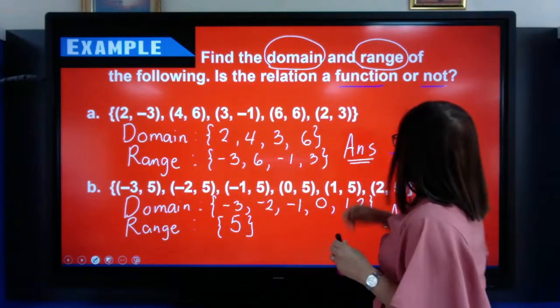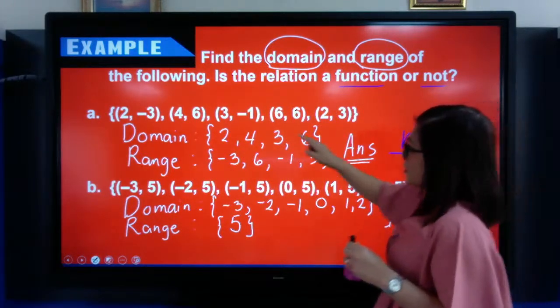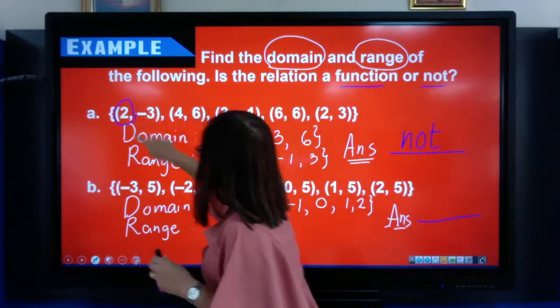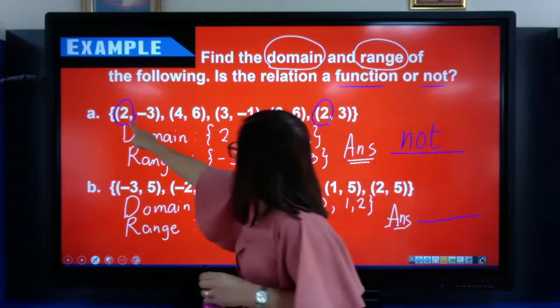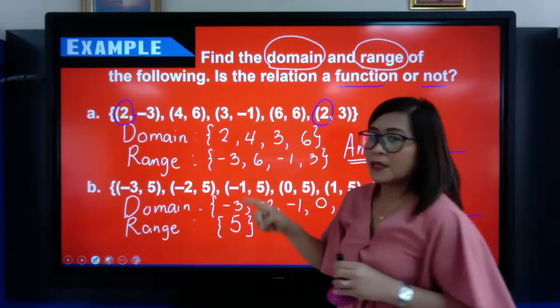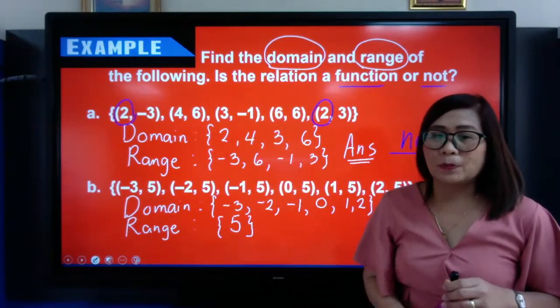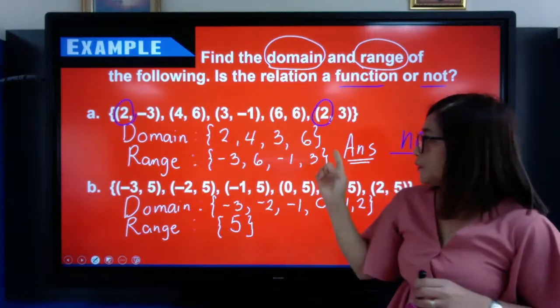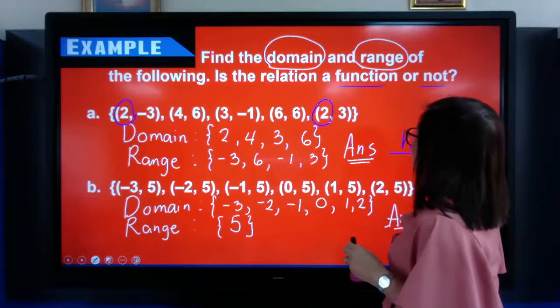So the answer is N-O-T, not, because 2 is repeated. Correct? 2 is repeated. Because a function cannot repeat the first components. No repetition of the first components. So letter A is not a function.